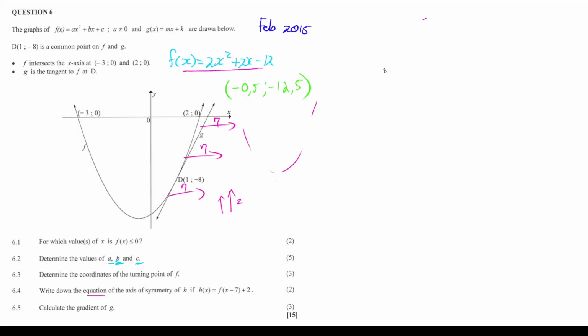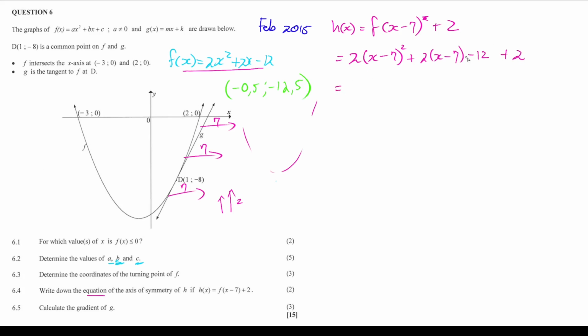So f of x is this, but they say h of x is f of x minus 7, plus 2, and that will look like this. f of x used to be this, but now it is 2(x minus 7) squared plus 2(x minus 7) minus 12 plus 2.